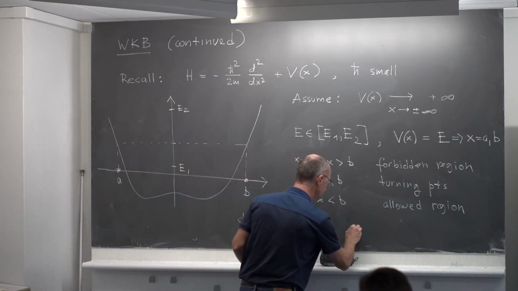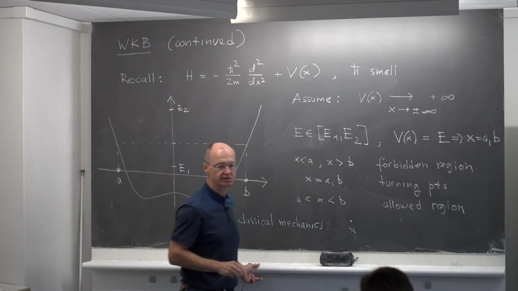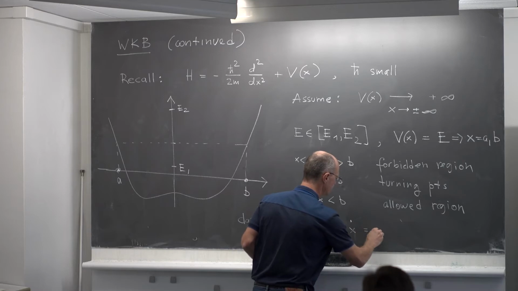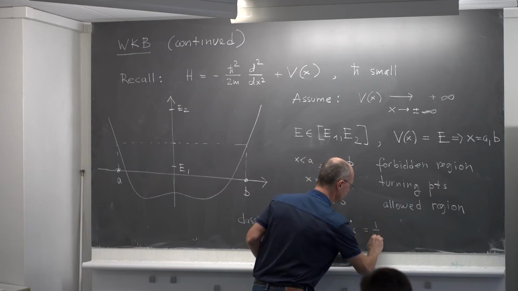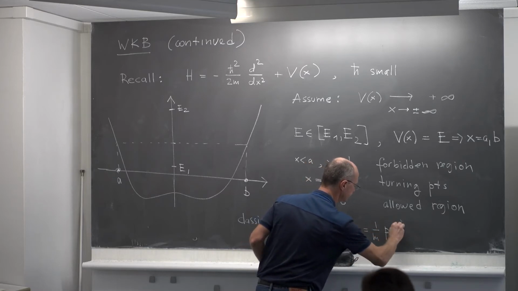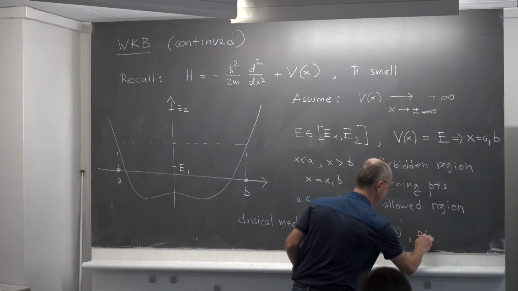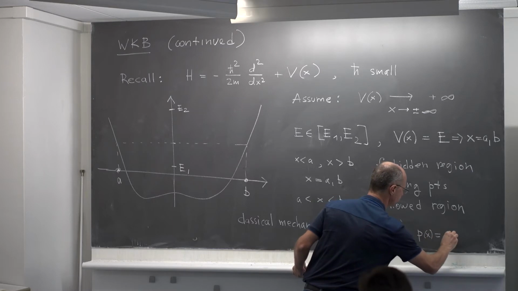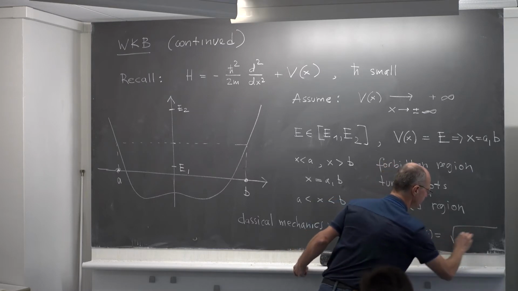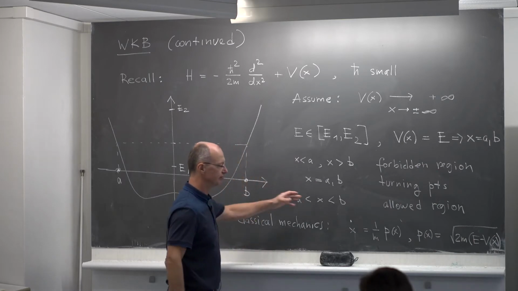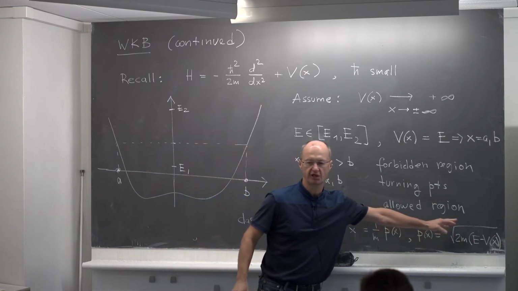So this means that there we can have a dynamical system. So x dot, the time derivative of x, equal to 1 over m of p of x, where p of x is equal to the square root of 2m (E minus V of x). And we can choose here any square root.